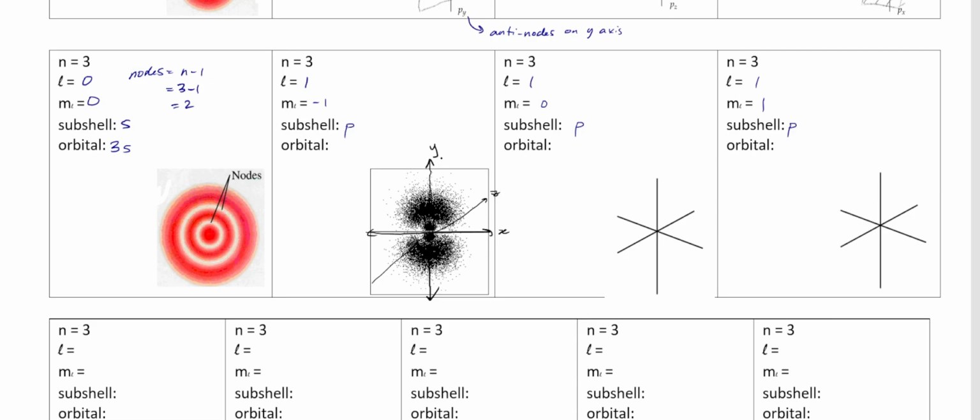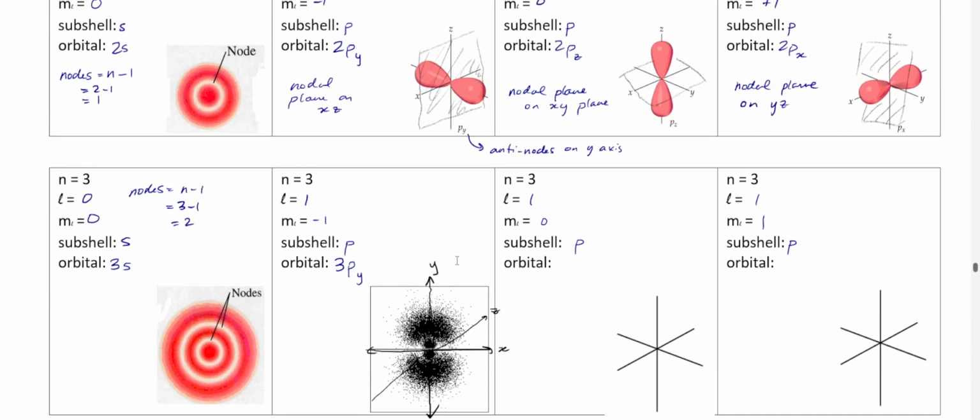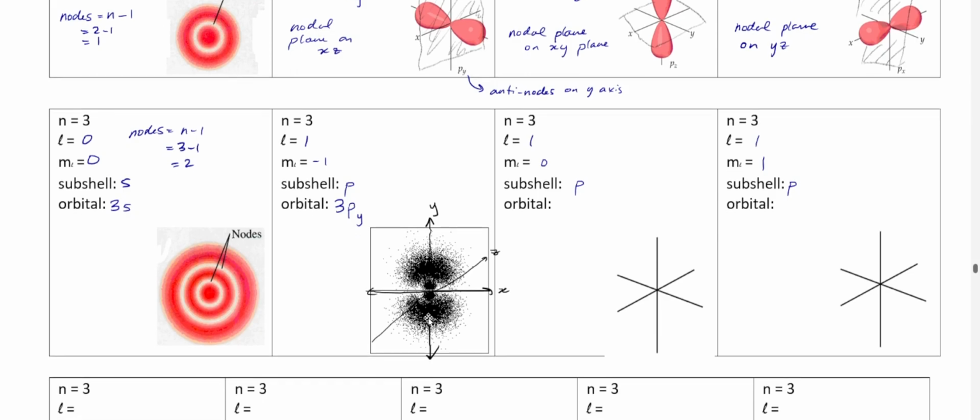Okay, so we can see that the antinodes, these dark regions of probability, are sitting on the y-axis, so we call this one 3py. Now you might be wondering, well, it doesn't really look like p because p is 2 lobes and I see 4 lobes here. Well, that has to do with the nodes.